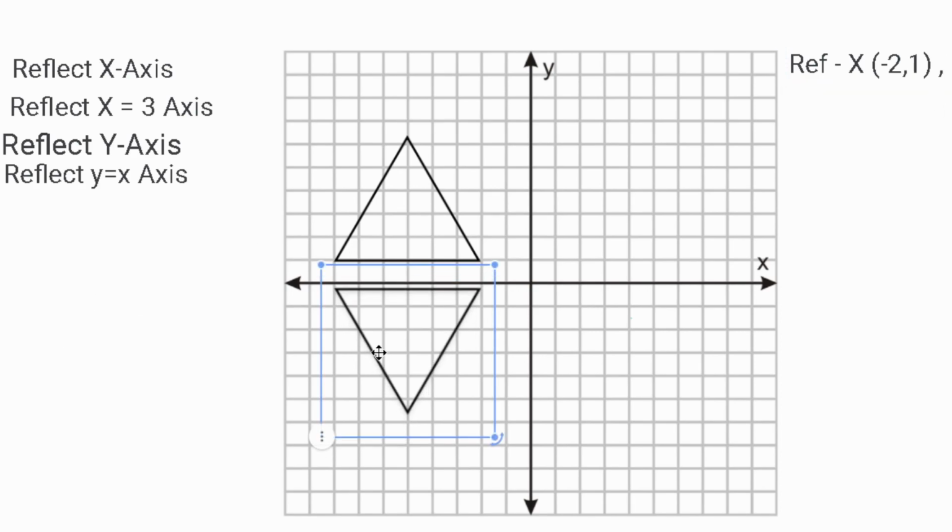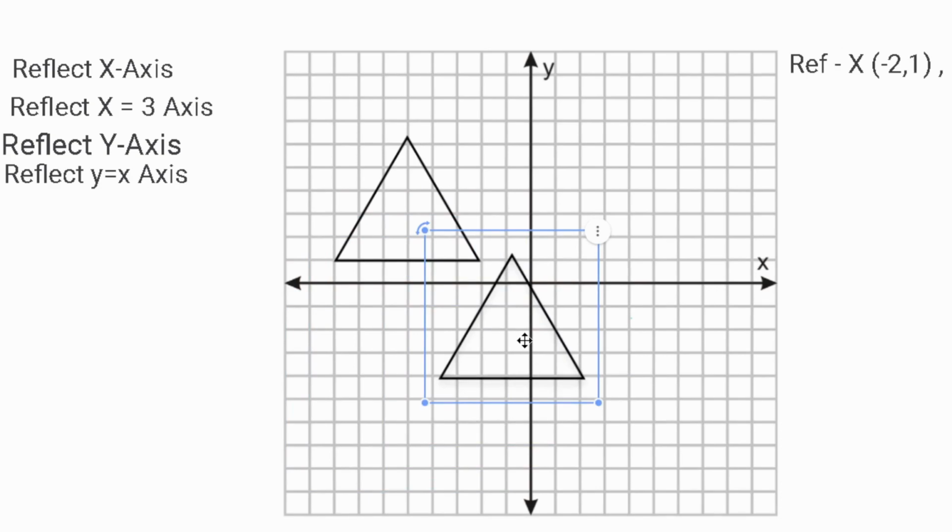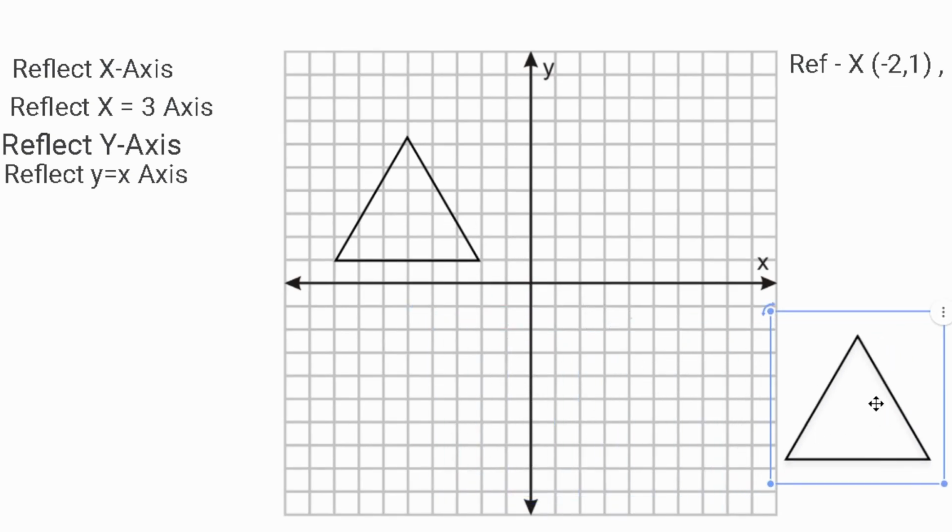Alright, so now, x equals 3. It's not an obvious line until you see. So we're going to have the same distance on each point from that line. So this is 0, so this is the x-axis. This is 1, 2, 3.